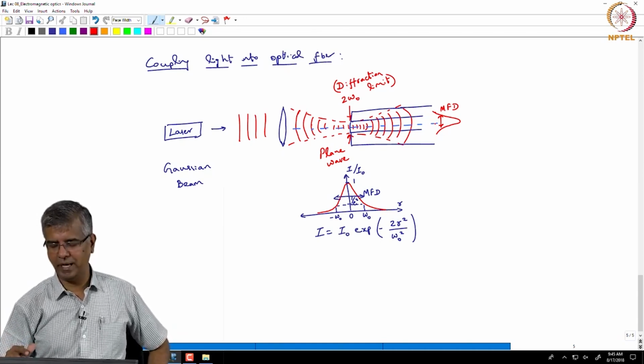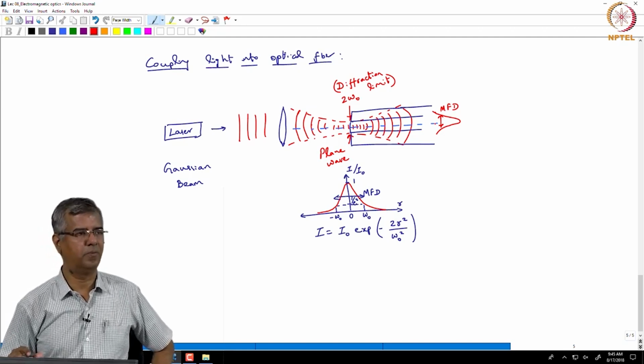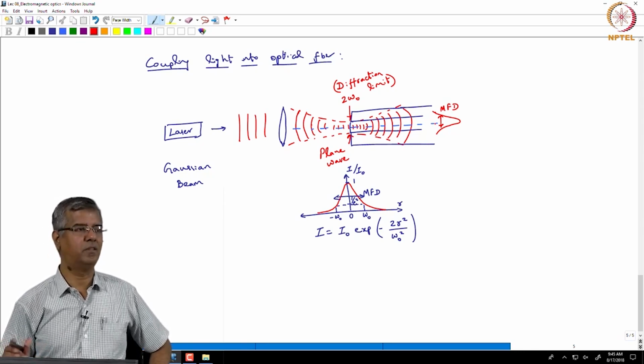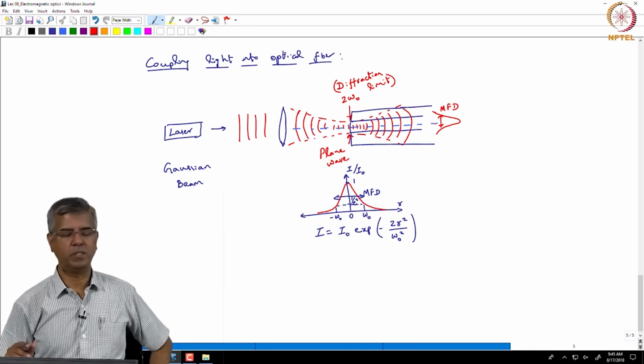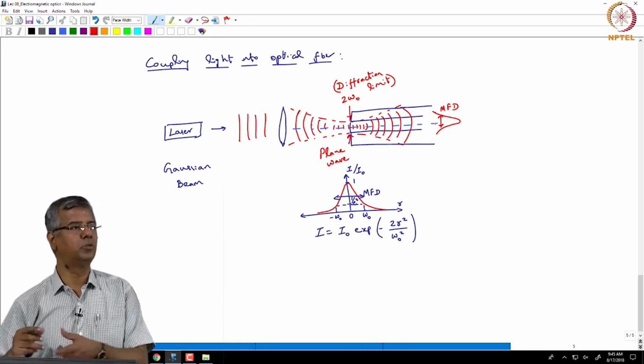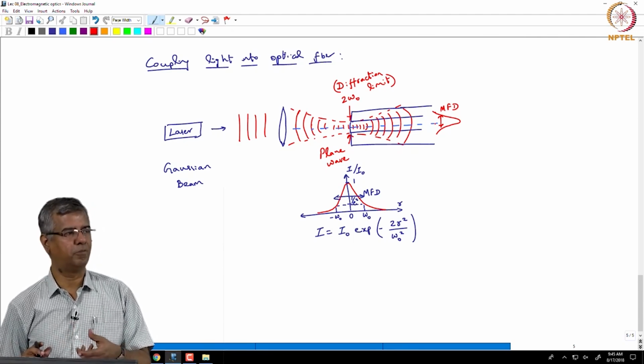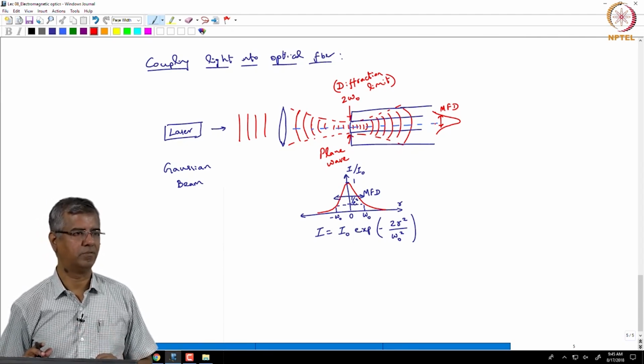That mode field diameter and the spot size at the focus of the incoming beam have to be consistent for maximum coupling. So it is basically the overlap of these two fields that determines the coupling efficiency that I achieve.